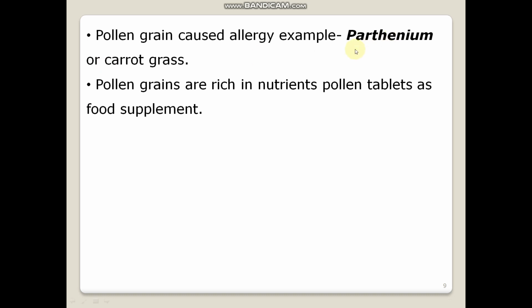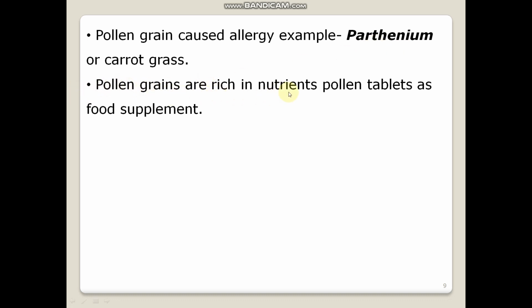I told you in 11th class also that Parthenium is a weed, commonly called carrot grass. It came from America with the seed of wheat. I told you this story about Parthenium, right? Its pollen grains cause allergy.